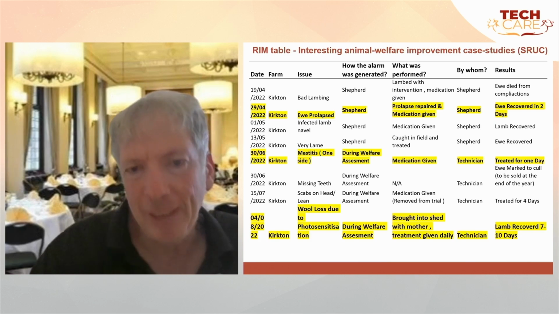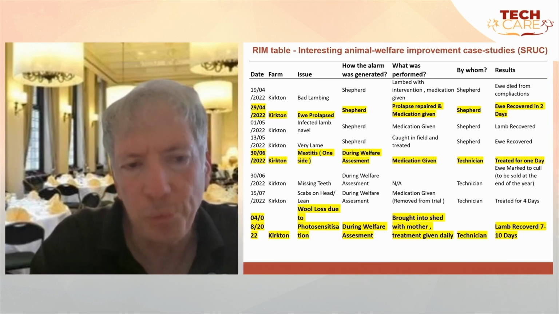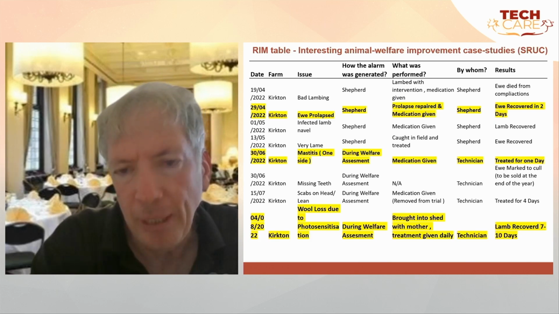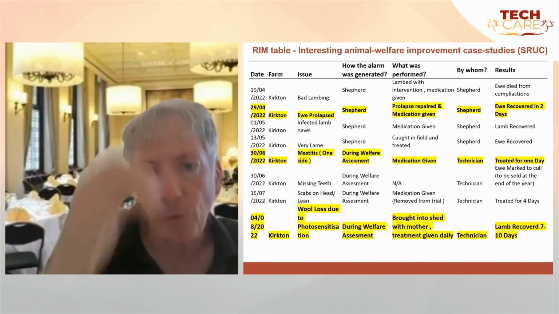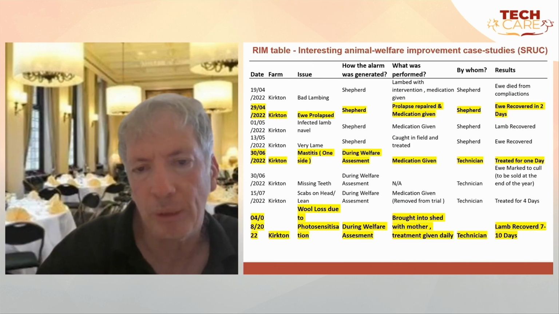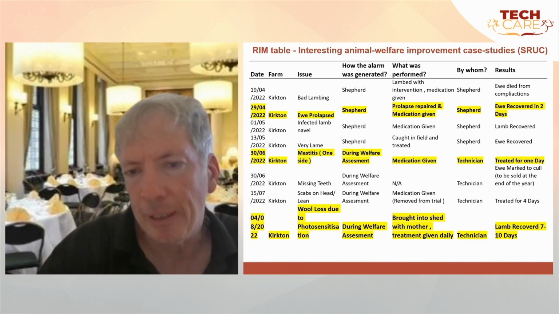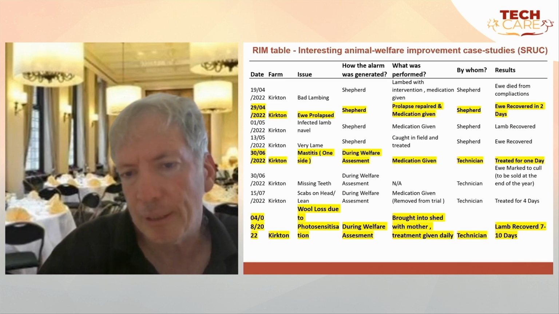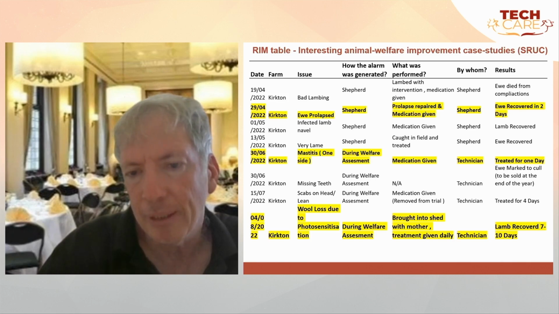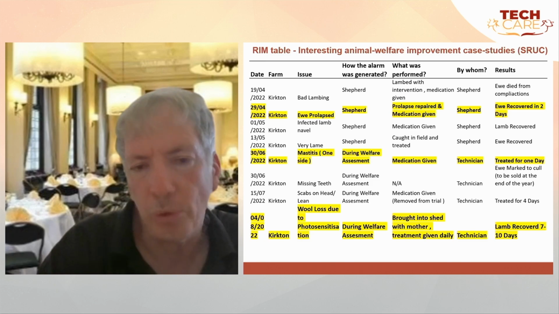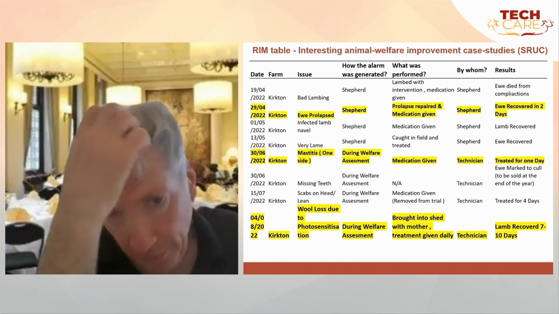For us, at this stage of a blueprint, a prototype, I use them both: the cases of the early warning system, or where the technician or the farmer looked at the problem and decided to do something. For example, treat it for 1 day, to cool inside. You can see the result, sometimes recovered, sometimes not, but we do improve animal welfare.